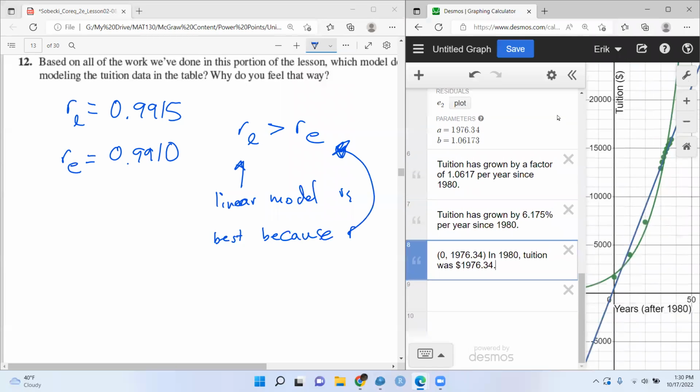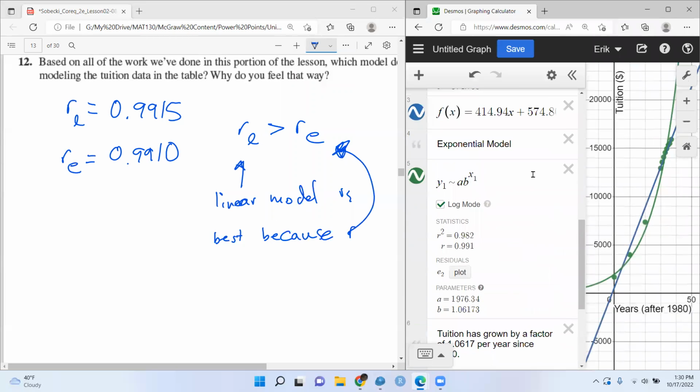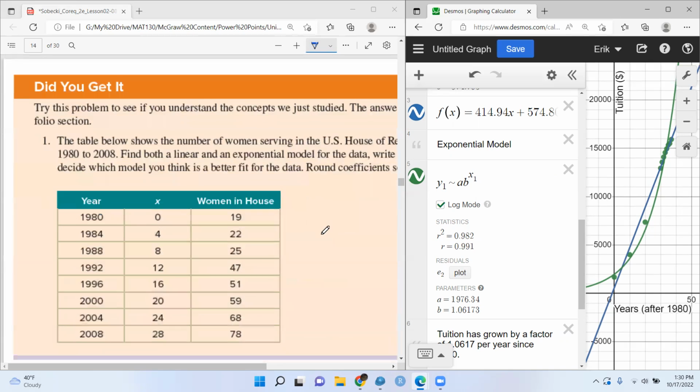And really, you're just going to say the linear model is better because R is closer to 1, or the exponential model is better because R is closer to -1, depending upon whether your model is positive or negative, growth or decay. We have mostly looked at examples of growth, but it certainly could be the other direction, where the numbers are getting smaller as X gets larger. So just be mindful of that.